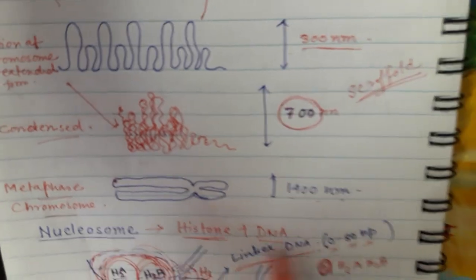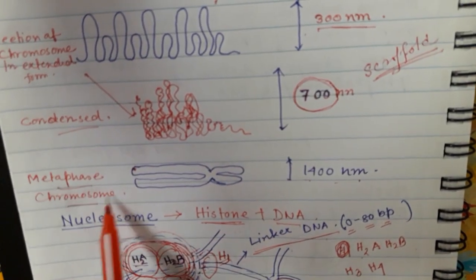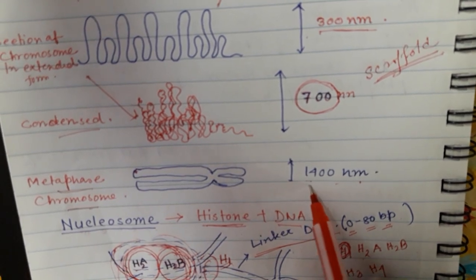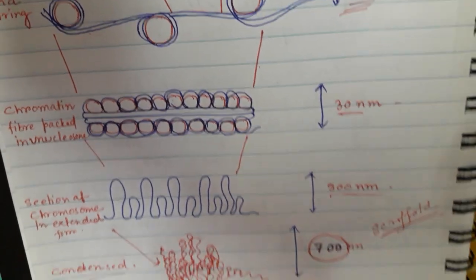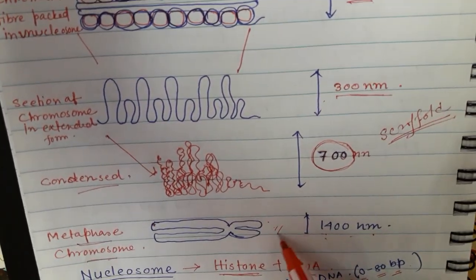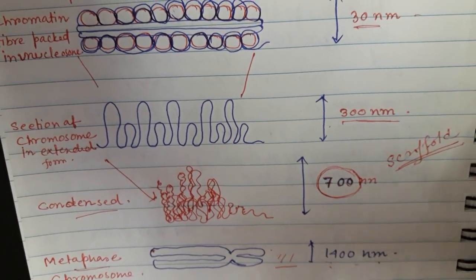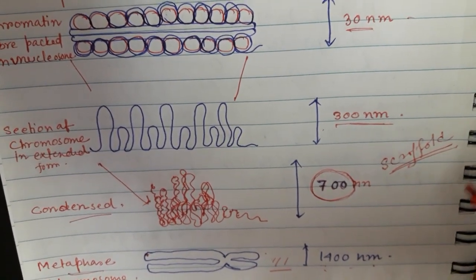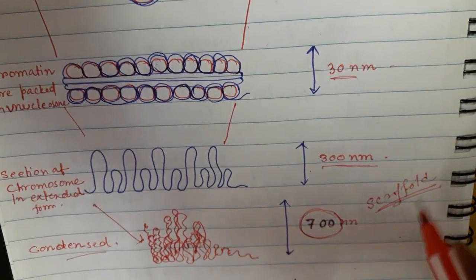The scaffold structure is again condensed and forms the metaphase structure. So this thread coils and coils to form the metaphase chromosome. This is all about the molecular organization of the chromosome and chromosome packaging. Complete.